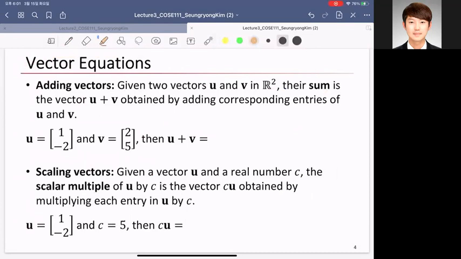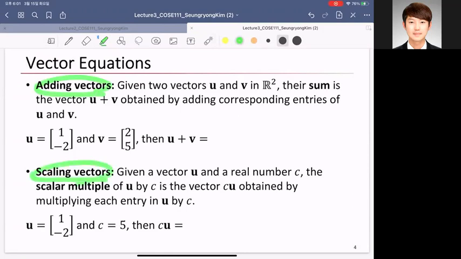Arithmetic operations defined on scalar values can be applied to vector operations in most cases, for example addition or scaling.